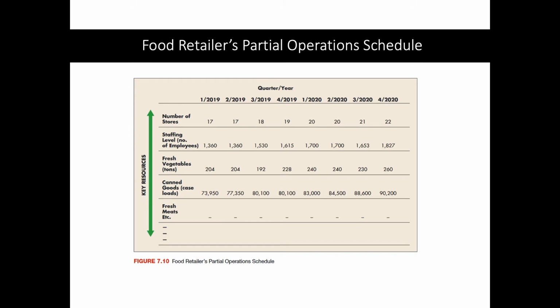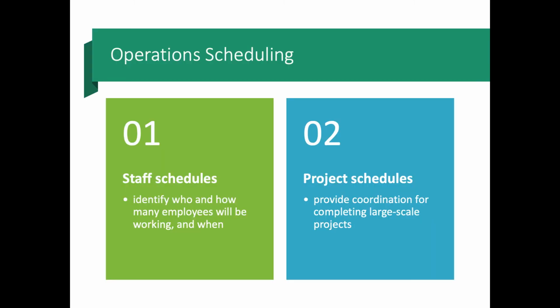The tonnage of fresh vegetables, the number of canned goods, etc. That's planned out from month to month so that they can then derive other schedules, ordering schedules for vegetables, as well as labor and staffing schedules for staff. And so you can imagine how each of those detailed day-to-day operational schedules are driven by the master.